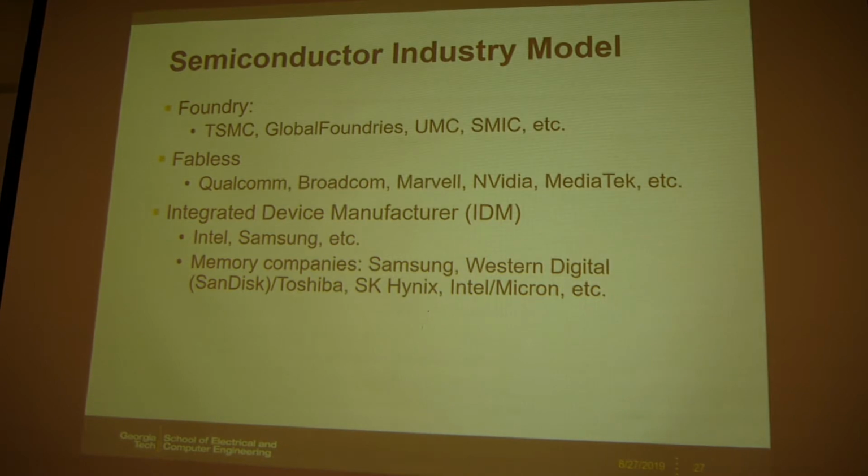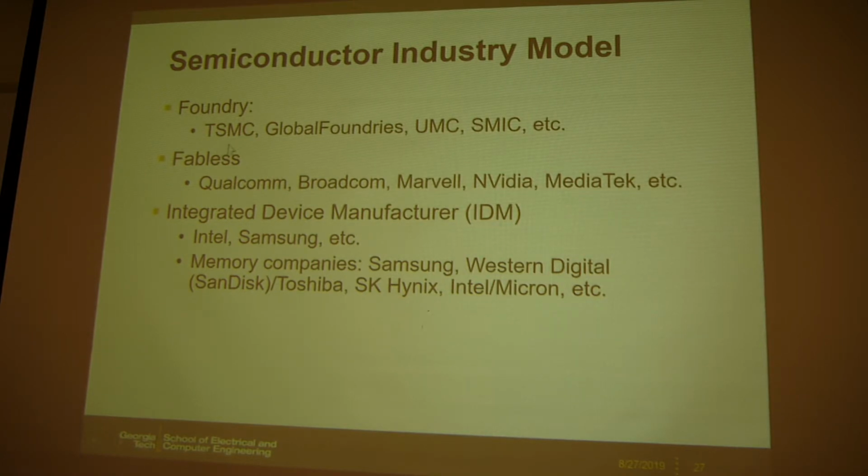If you look at the industry companies, there are different business models. As we discussed, the foundry, like TSMC, just does the manufacturing for the logic, or let's say embedded memories, including SRAM. Similarly, GlobalFoundries or UMC.